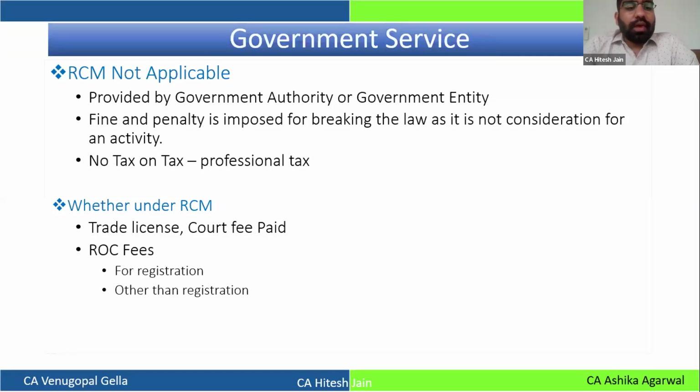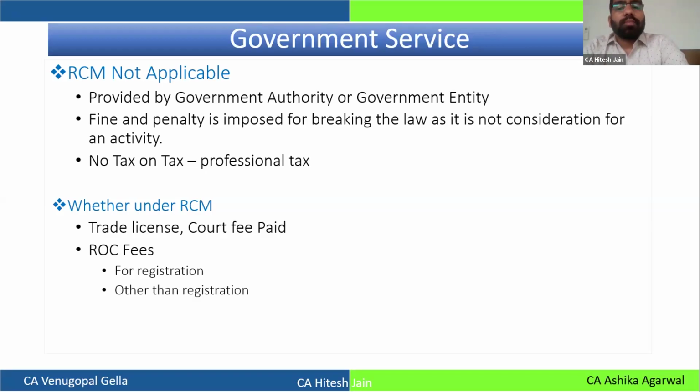Now, here we need to see whether RCM is applicable on these services or not. Where a government authority is providing a service to another government entity, it is covered under the exemption.